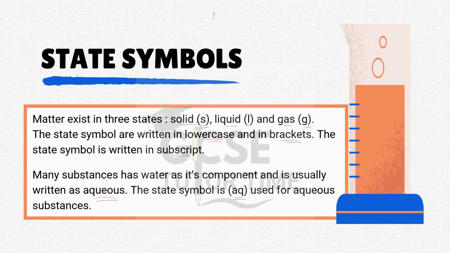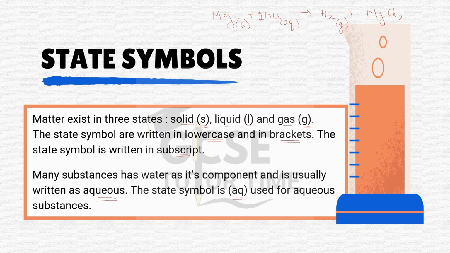For example, if we write an equation having magnesium reacted with hydrochloric acid, then it will give us hydrogen and magnesium chloride. Now, magnesium is solid, when reacted with HCl, which is aqueous in nature.